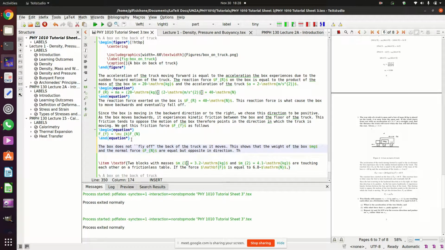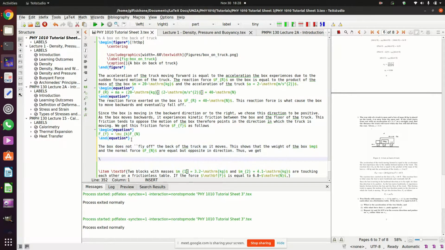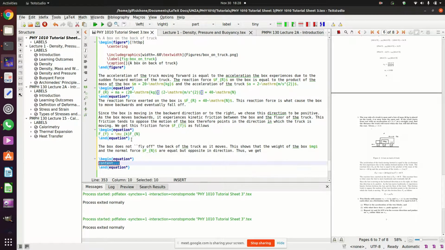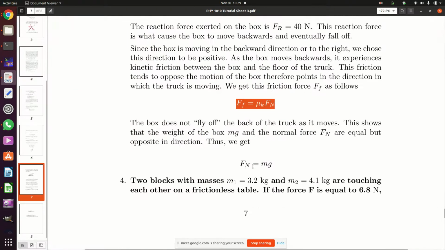Thus we conclude that F_n, the normal force, is equal to what? So we make this conclusion that F_n is equal to the weight. This is because our box doesn't fly off in the y direction. If it's not flying off, it means that the normal force is equal to the weight. Is this clear?